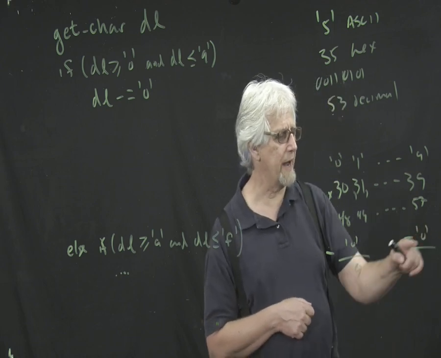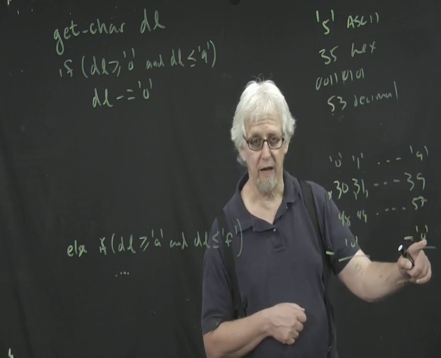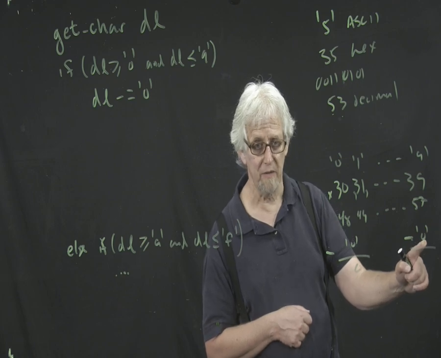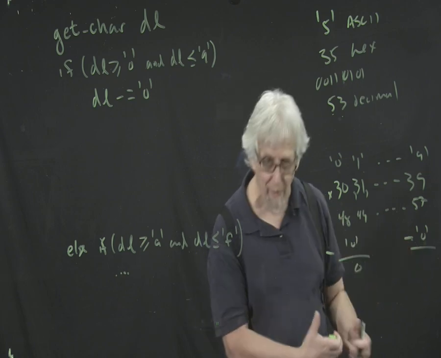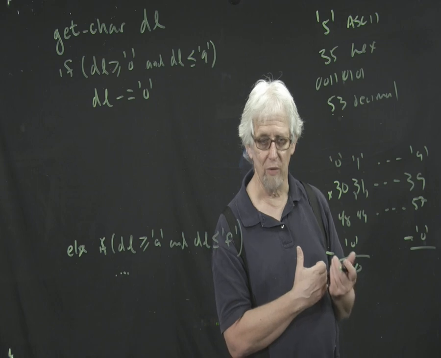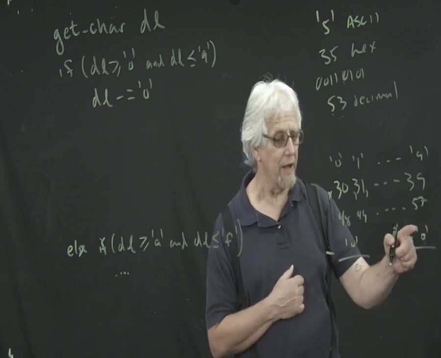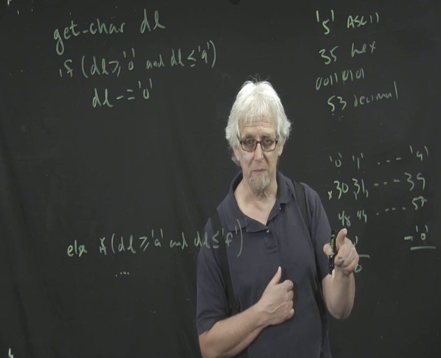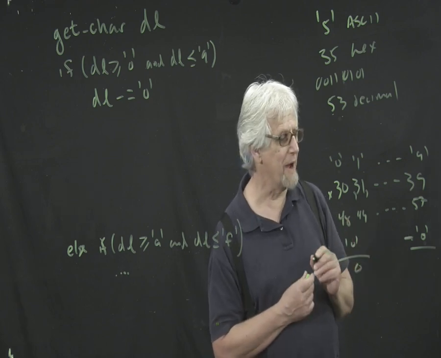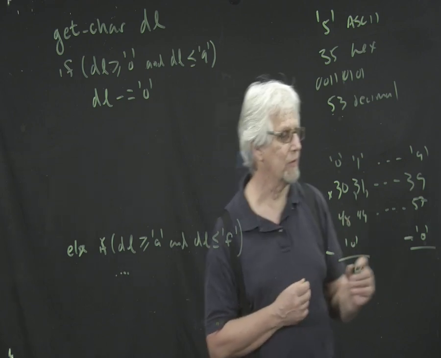If you subtract an ASCII 0 from that, and I mean it, you subtract the character 0. The character ASCII 0 is numerically what? 48, right?